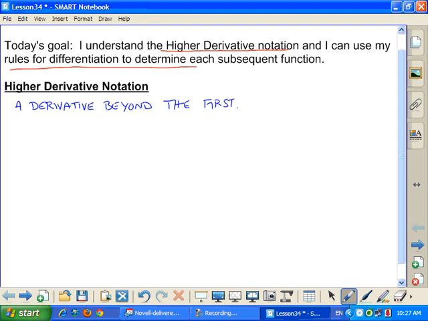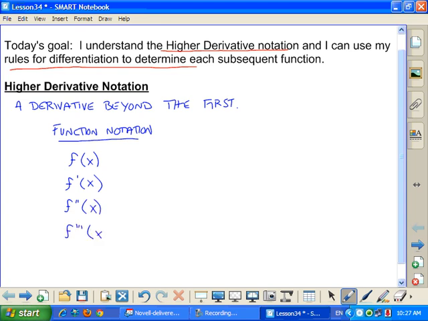So if we're talking about it in function notation, we would have the function f of x, we would have its first derivative, and now what we're looking at is dealing with the second derivative, the third derivative, the fourth derivative, and I've seen textbooks go both directions here. Instead of using the strokes, they go to Roman numerals, and so on and so forth. Standard notation.